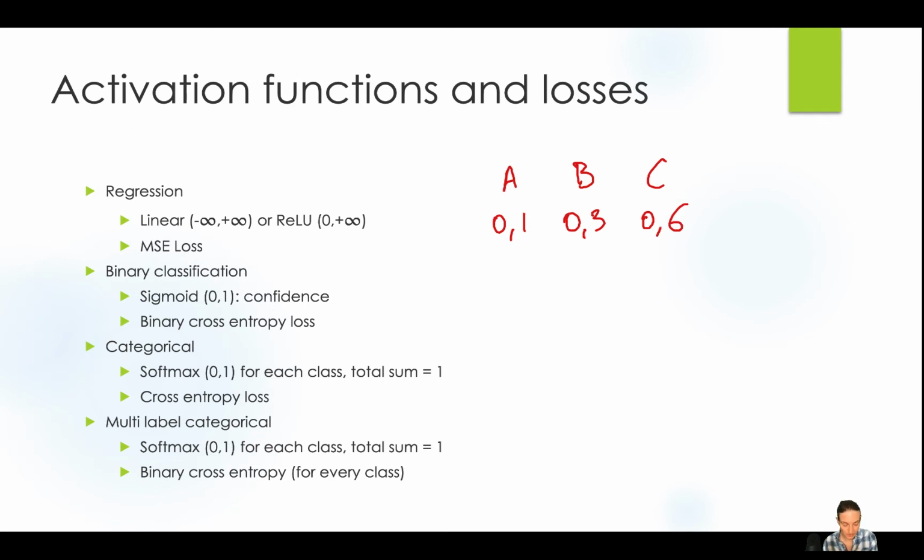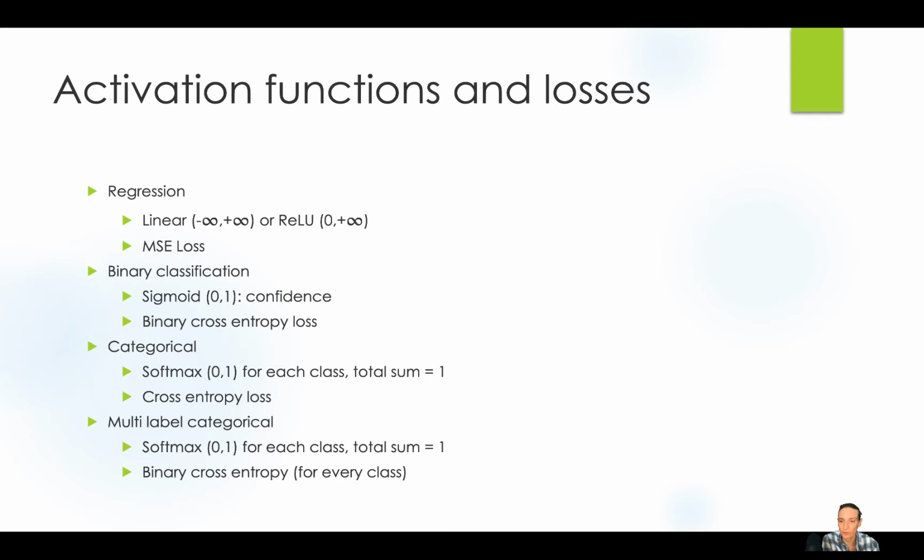In this case, you're predicting that your input is part of class C. To optimize a neural network that does multi-class classification, we use something called cross-entropy loss. When we're doing multi-label classification, that means we can have more than one output label for each example. In this case, we use softmax for each class, still with the total sum to be 1, but for our loss function, we can use binary cross-entropy loss for every class.